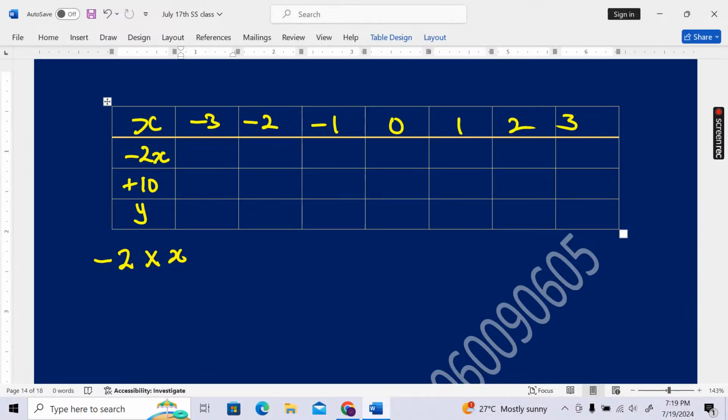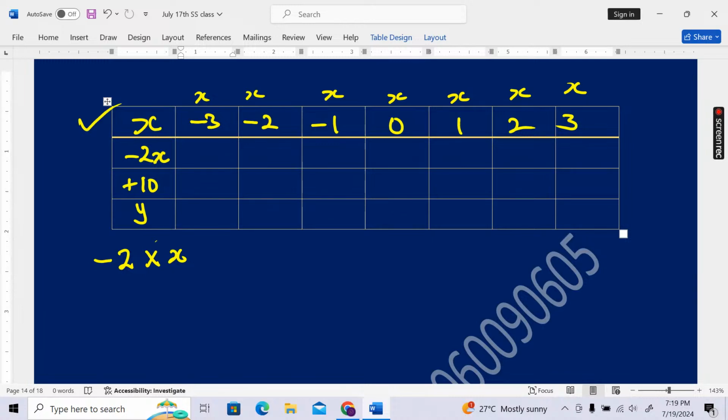Look at the first row of this table. You can see that x is minus 3, x is minus 2, x is minus 1, x is 0, x is 1, x is 2, x is 3.